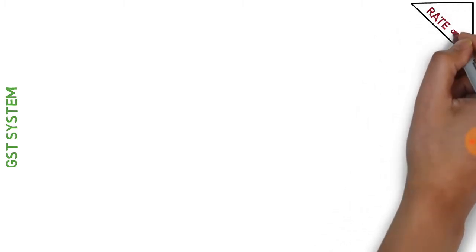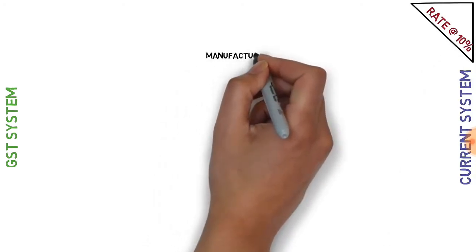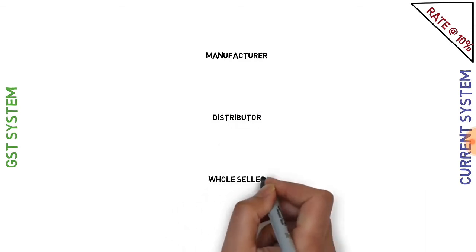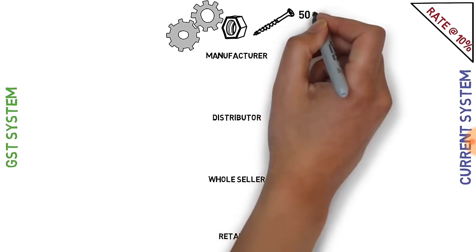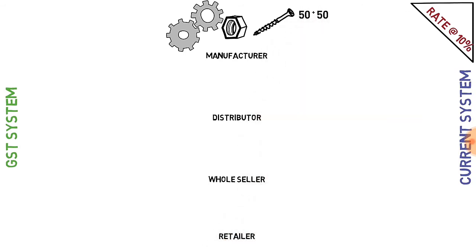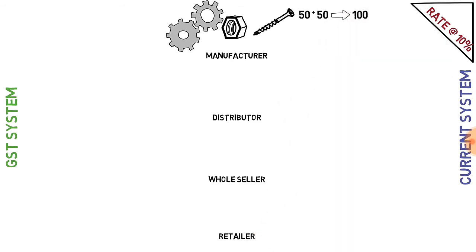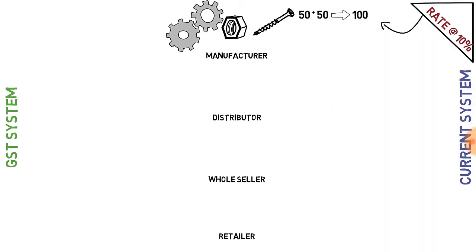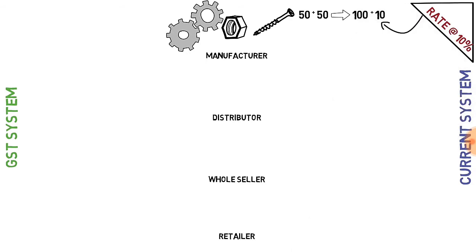Consider a simplified tax rate of 10% at each level. There are generally 4 levels: manufacturer, distributor, wholesaler and retailer. The manufacturer buys raw material, let's say of 50 rupees, and manufactures the product, which adds 50 rupees of value to it. So the product becomes 100 rupees. And for selling this product, he needs to pay 10% tax, which is 10 rupees.